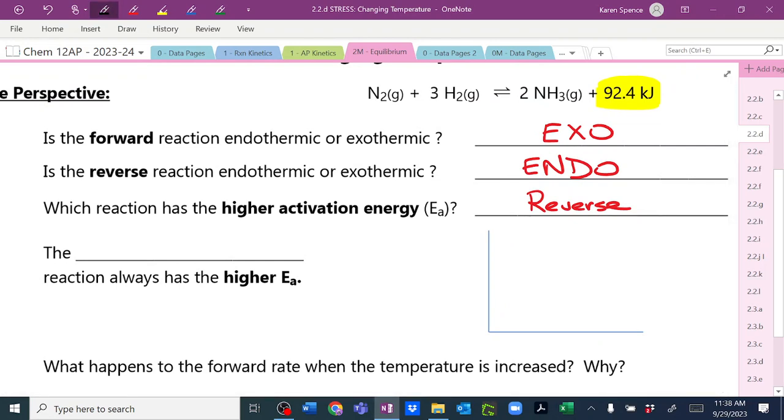Okay, so we have a forward reaction, which is exothermic, so it should look like this.